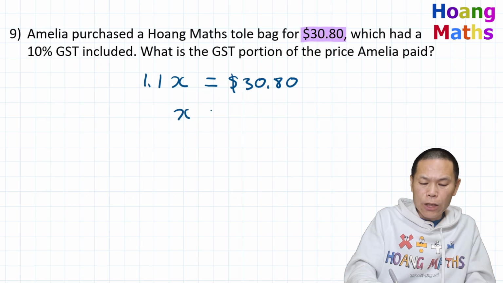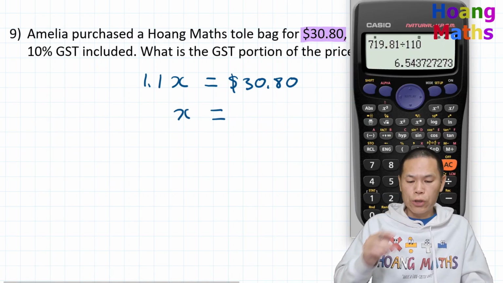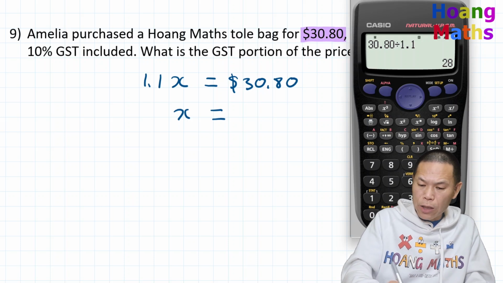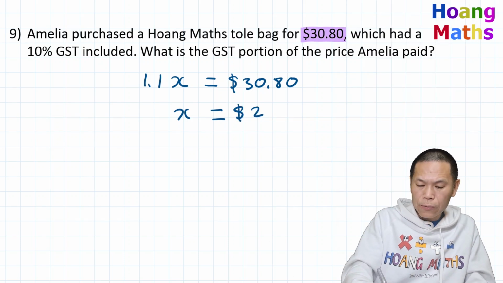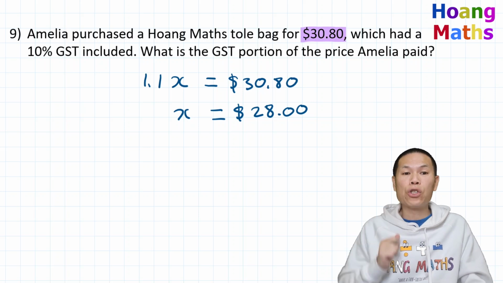So X is equal to, I divide by 1.1 on both sides. 30.80 divided by 1.1 is $28. That is the price before GST.